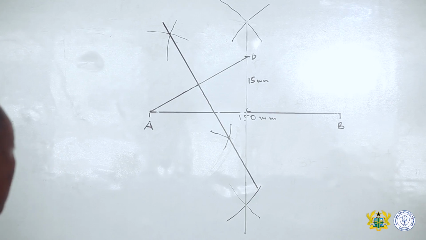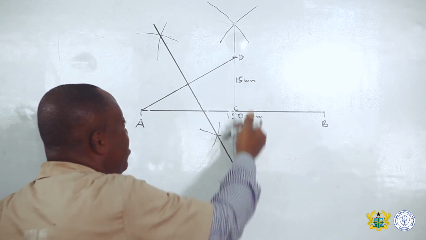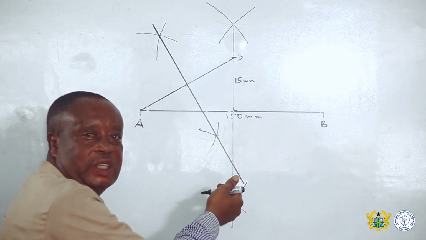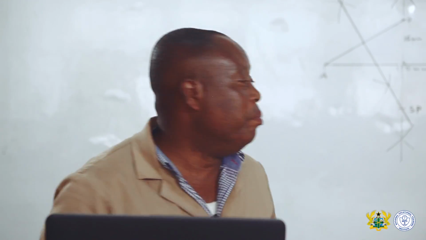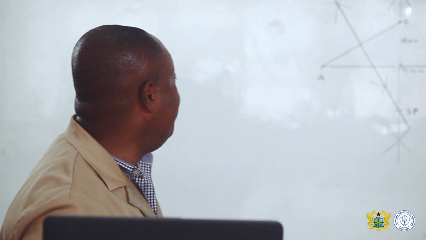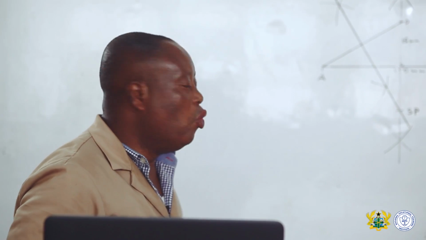Where our bisector meets our perpendicular bisector, we can label it SP, where SP means striking point. At the point SP, we want to introduce our arc.